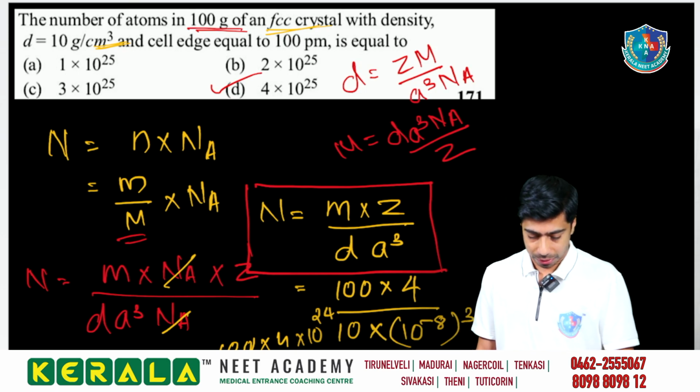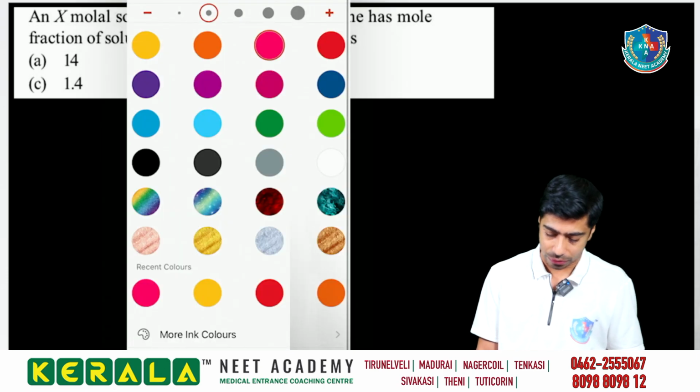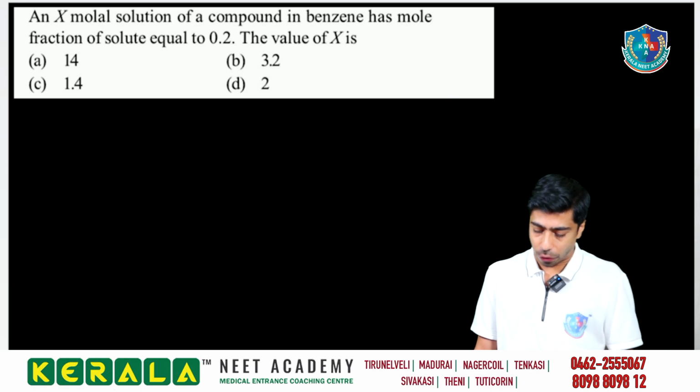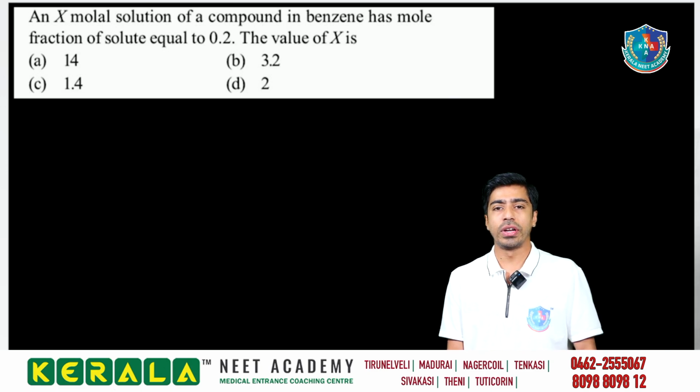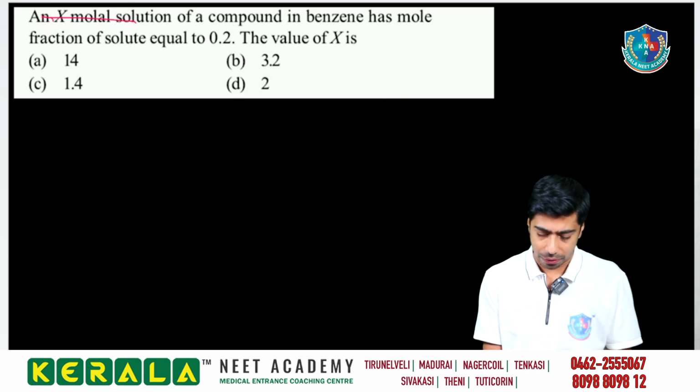Okay, next one. Now these are the questions from the chapter Solutions. An X molal solution of a compound in benzene has a mole fraction of solute equal to 0.2. What is the value of X? Here we need a relation between the molality and the mole fraction.